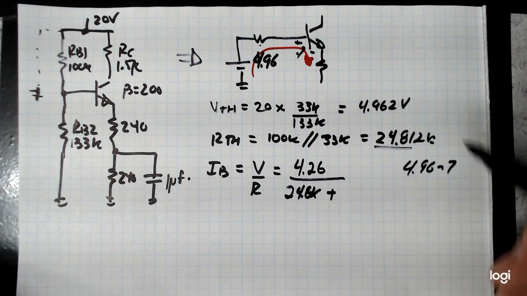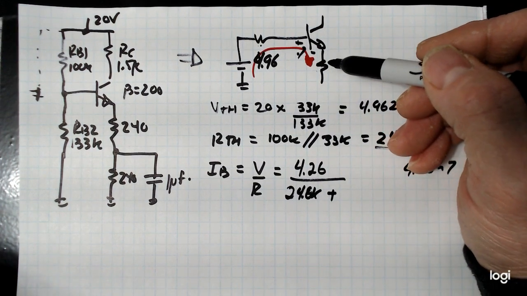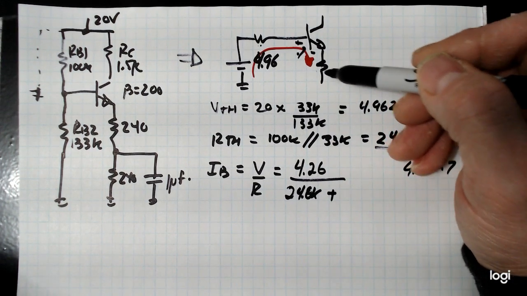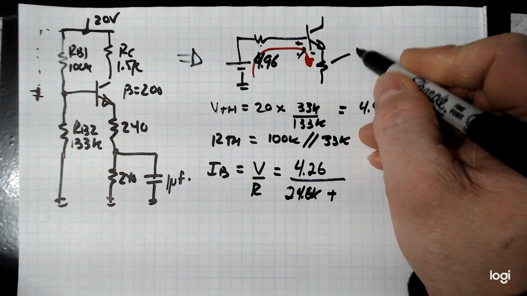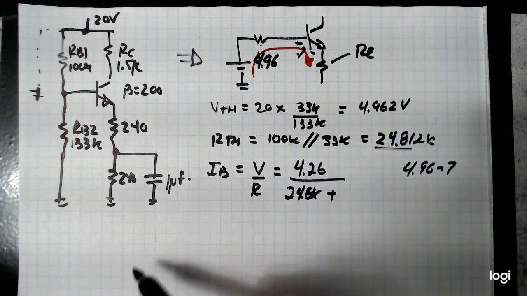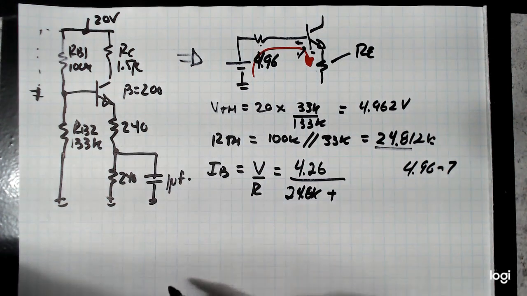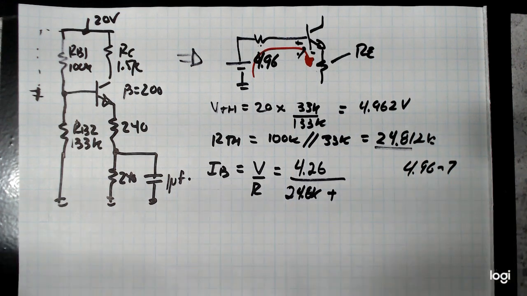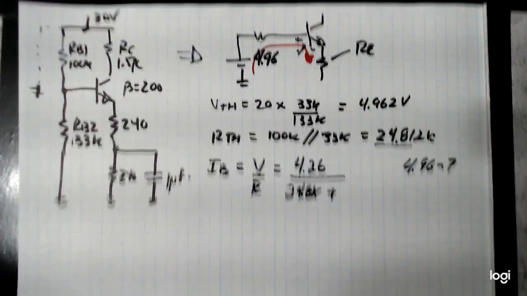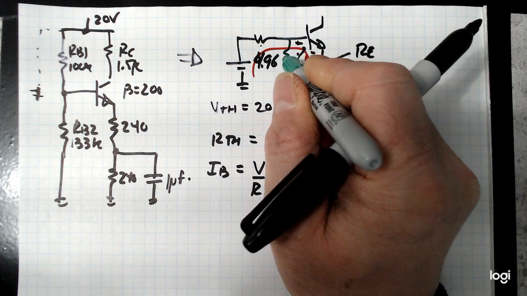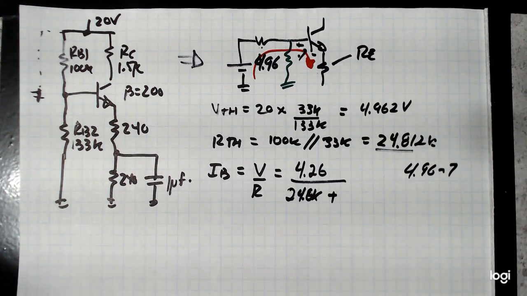And then we're going to add that to this resistance. And there's two things to remember about that resistor. This is basically the resistance on the emitter, which over here we can see is two resistors in series, so it's 480 ohms. But in order to solve for IB, we want to move that resistor over to the base side.